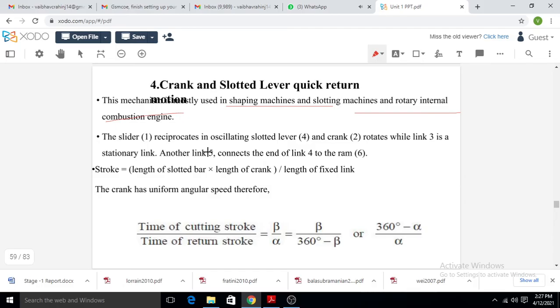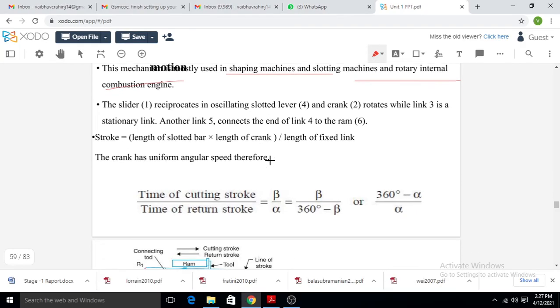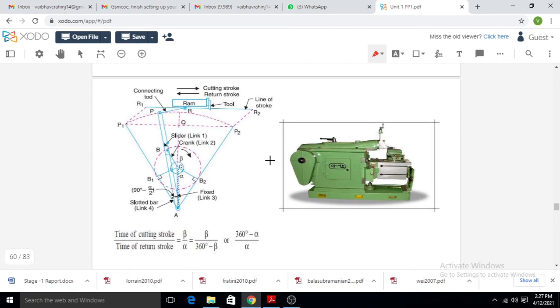This mechanism is used in a shaping machine, which is used to make plane surfaces, or it is also used in a rotary internal combustion engine. Okay, first of all we will see this mechanism and then we will discuss it.